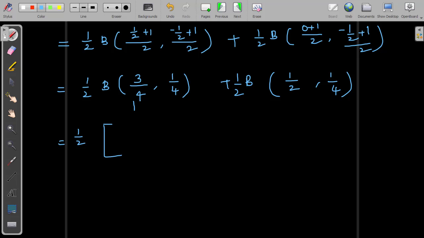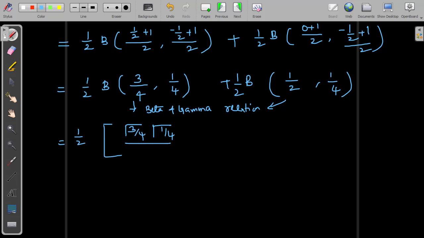Now apply the beta gamma relation here, for both the terms, which means gamma 3 by 4 times gamma 1 by 4.